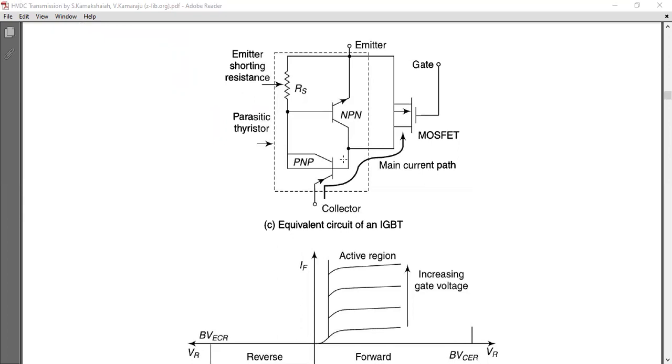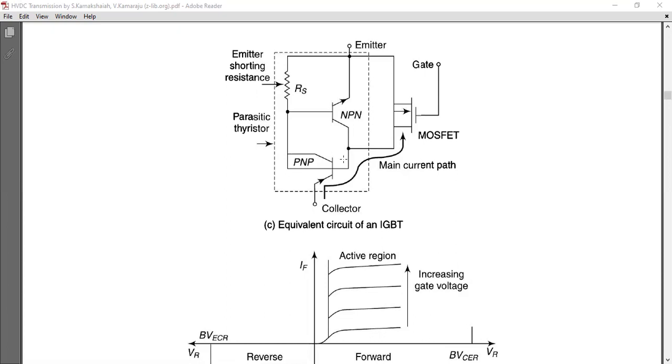Next, switching characteristics. The IGBT design is such that the turn on and turn off times are controlled by the gate emitter source impedances. If you apply a positive voltage between gate and emitter, it is turned on. If you apply a negative voltage between gate and emitter, it is turned off.